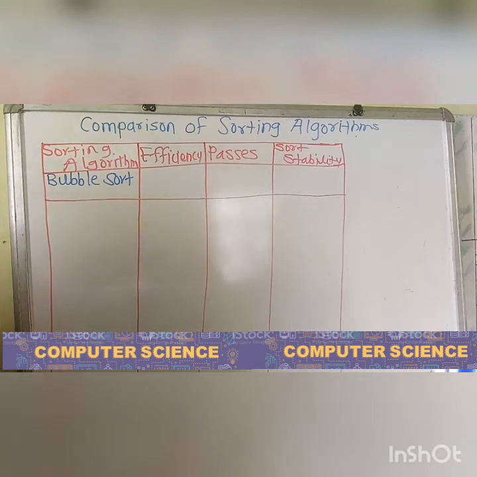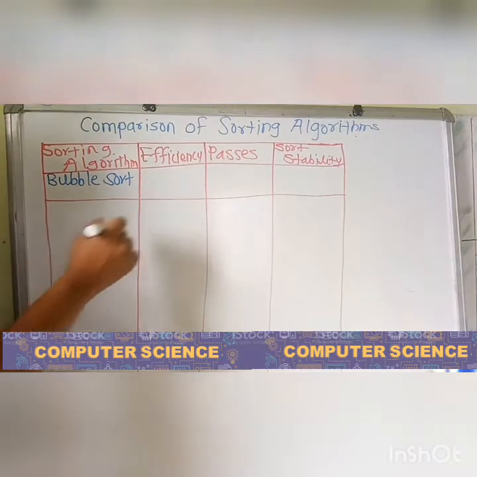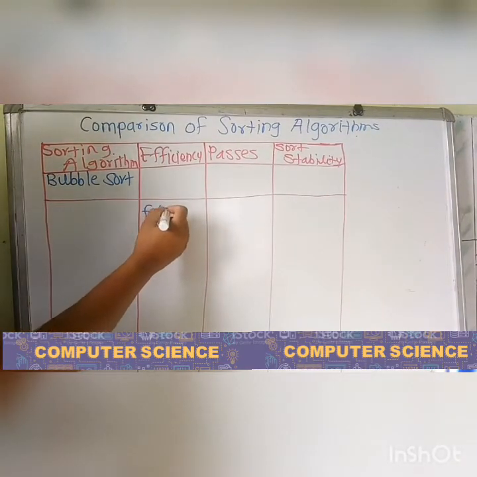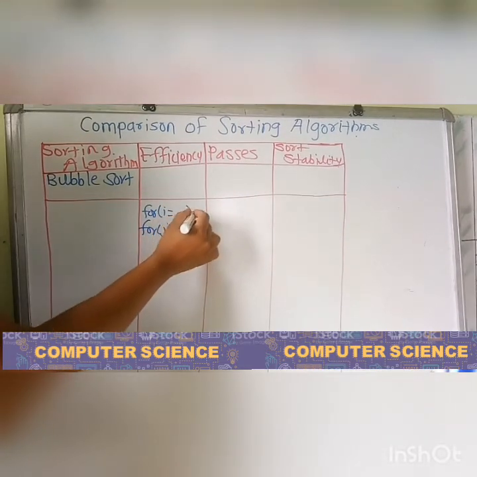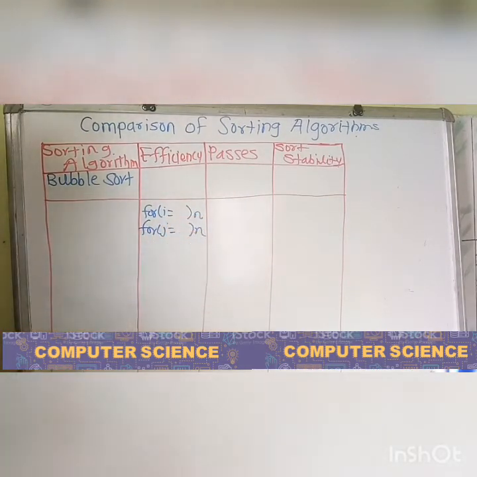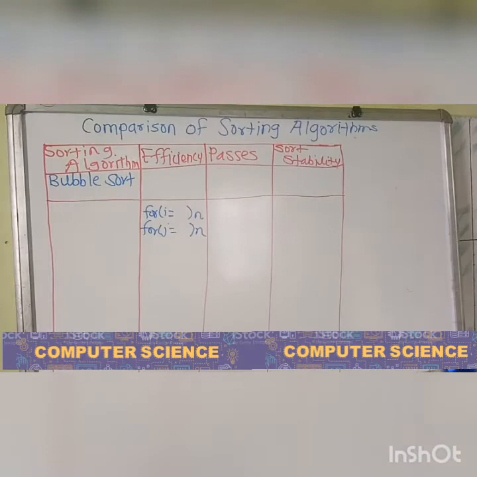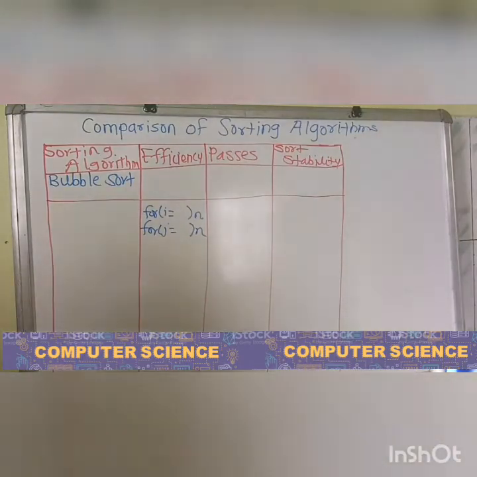According to the strategy of bubble sort, the sort is using two for loops, that is, for i equals to something and for j equals to something. So it will execute the first for loop n number of times and the second for loop n number of times.